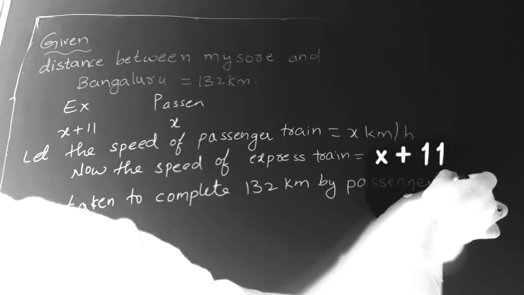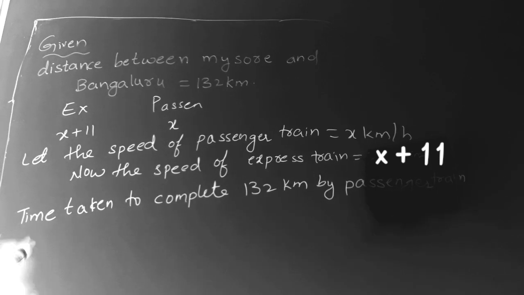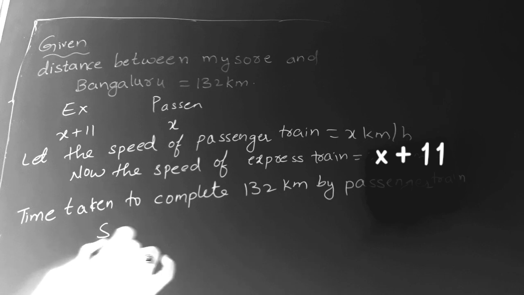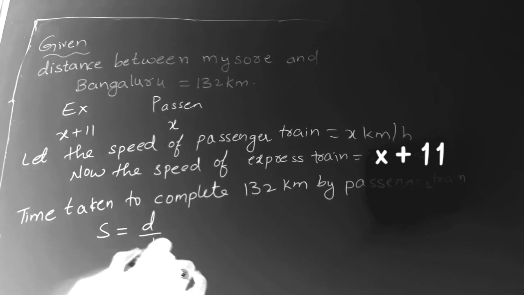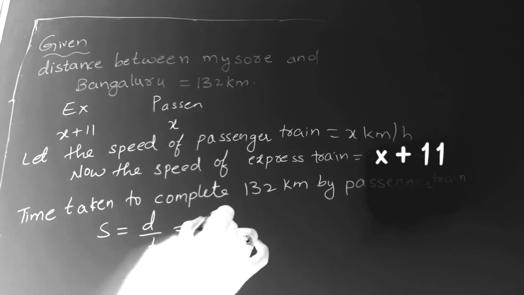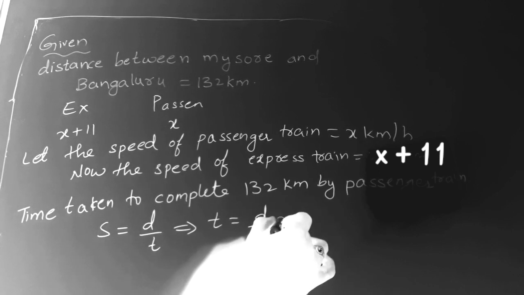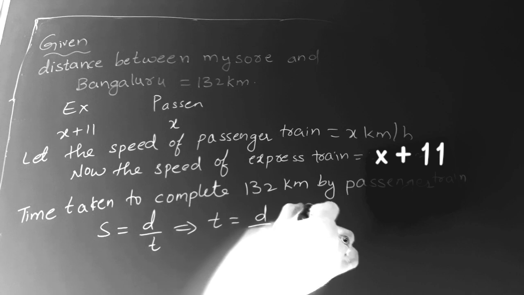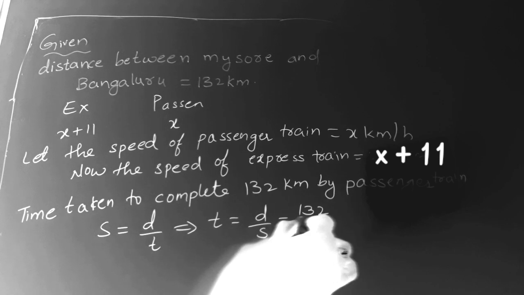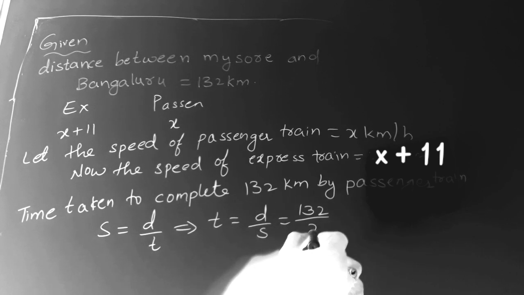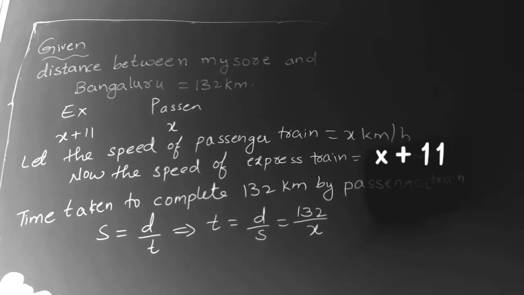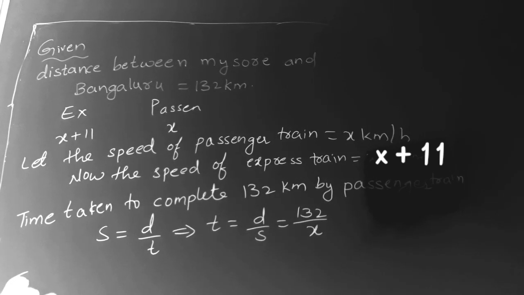How much time is the passenger train taking to complete those 132 kilometers? So we know that speed is nothing but distance by time. From this, time is nothing but distance by speed. So here the distance is 132 kilometers and the speed of the passenger train is x kilometer per hour.